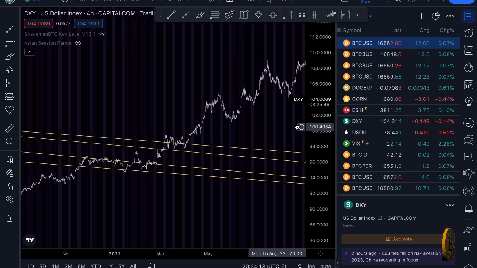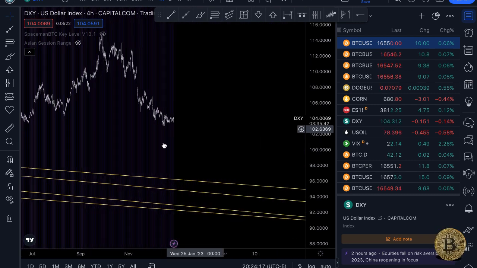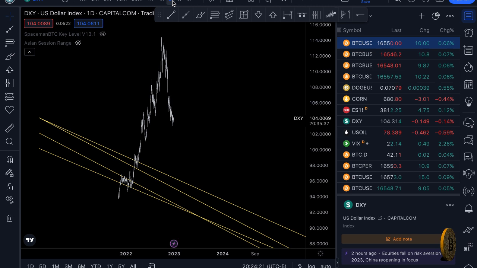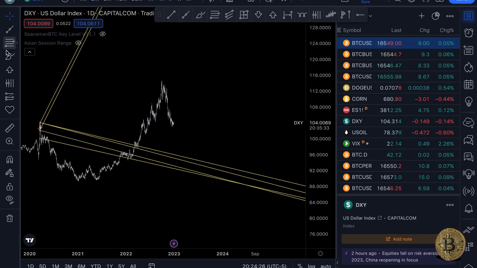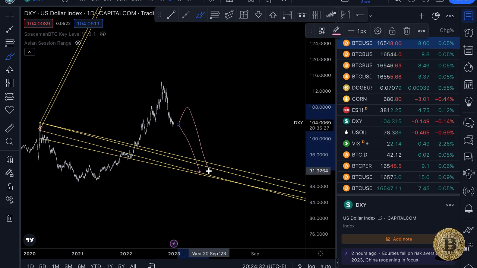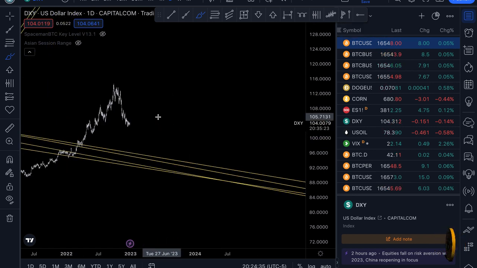So you can see how well the dollar was reacting in this area. And to me it looks as though we could potentially come down at some point and retest this. That doesn't mean we can't go up first. But those are the two scenarios I'm looking at.